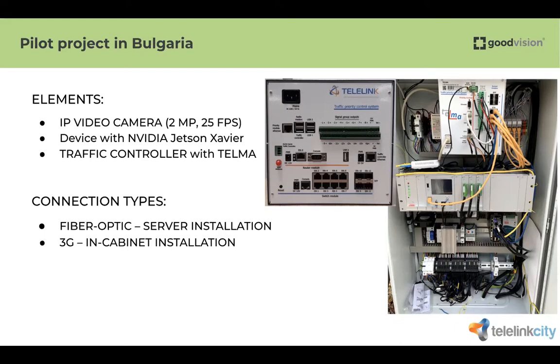However, if we don't have this fiber optic connection, then we will use the 3G, and then we really need to put the device as close to the controller as possible. The cabinet provides perfect protection from the environment for it. It controls the temperature, so it was the right place to install the edge device and use it for the traffic control.